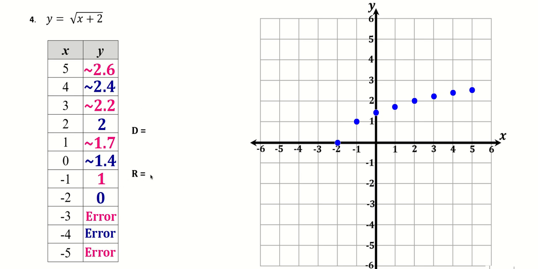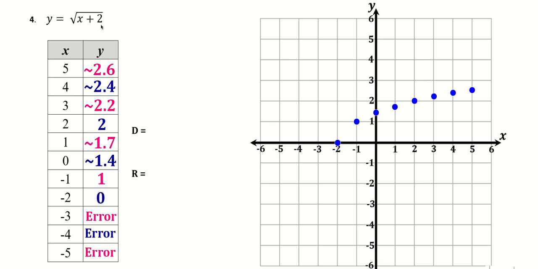All right? The range, think about it. What do you think is going on with the range? Just look at the graph. Doesn't it look like the range is from 0 to infinity? Because it is. And think about it. No matter what you plug in for x, can the square root of something ever be negative?